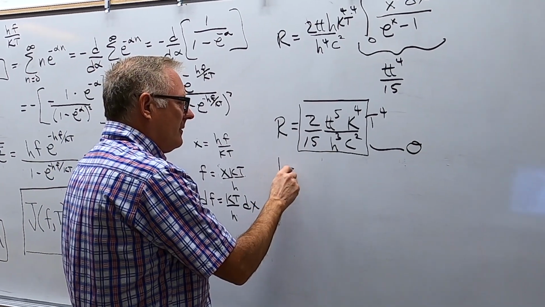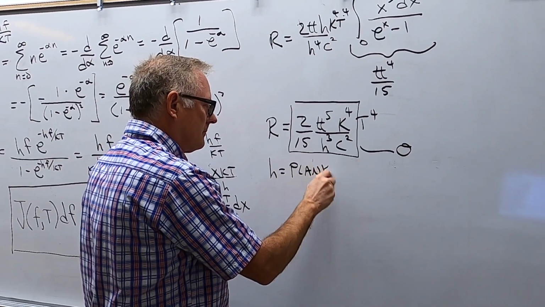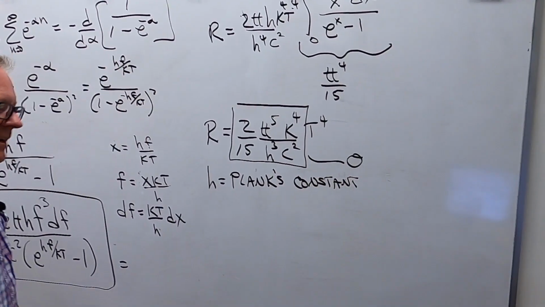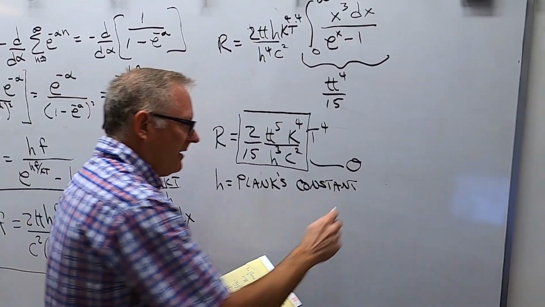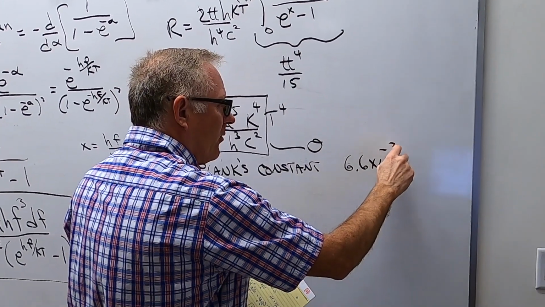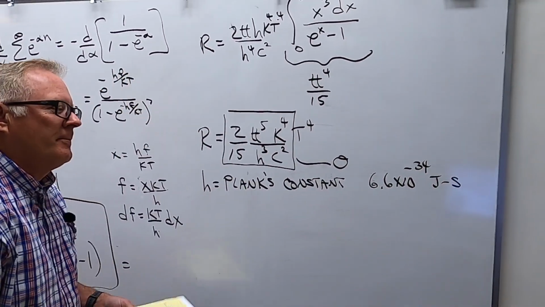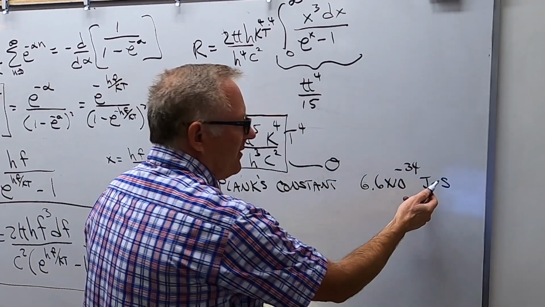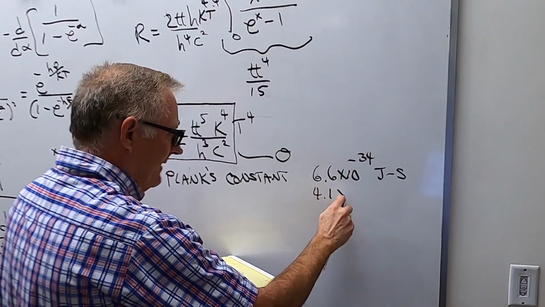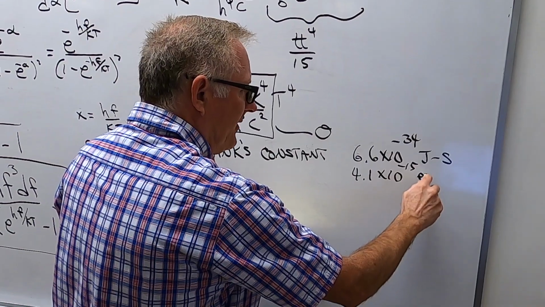H is called Planck's constant, and it's 6.6 times 10 to the minus 34 joule seconds. It's an energy times a time. If we used eV instead of joules, it'd be 4.1 times 10 to the minus 15 eV seconds.